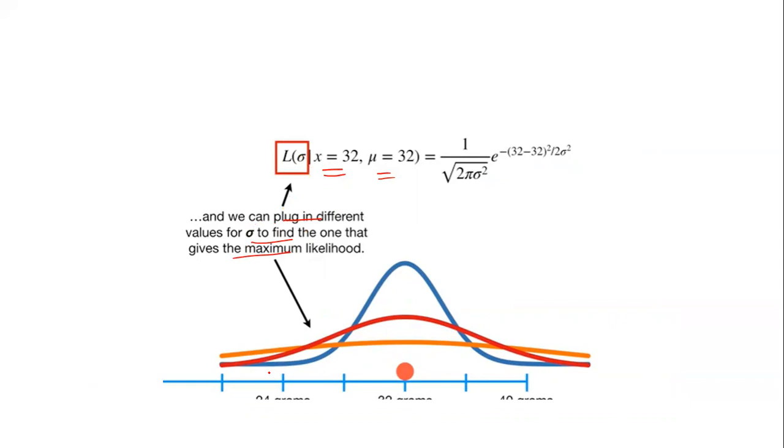When sigma is small, we will get something like this. When sigma is large, the curve becomes wider and shorter. So you can apply different values of sigma and see where you are getting the maximum value. We want maximum. Okay. So we want sigma to be as small as possible.